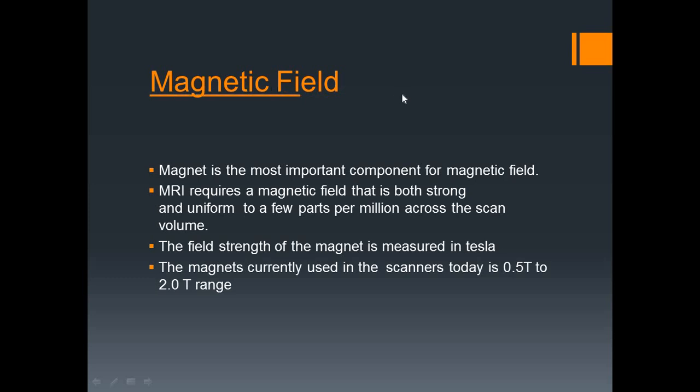Magnetic field. The magnet is the most important component for the magnetic field. MRI requires a magnetic field that is both strong and uniform to a few parts per million across the scan volume. The field strength of the magnet is measured in Tesla. The magnets currently used in scanners today are 0.5 Tesla to 2.0 Tesla in range.